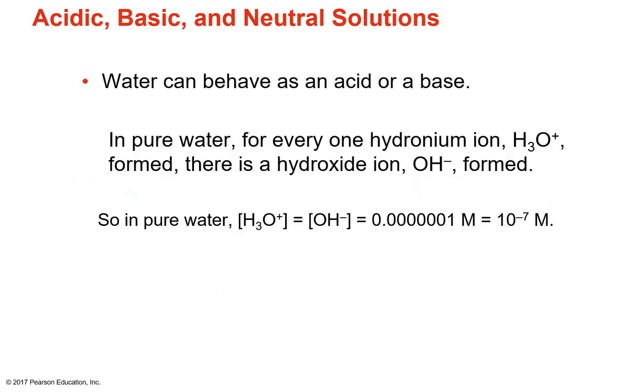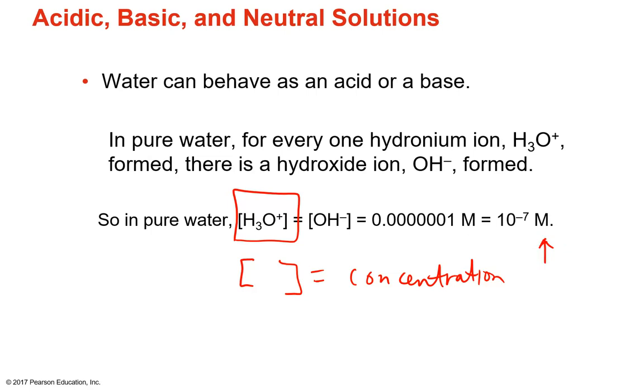And so how we measure an acid or base is by measuring the concentration of hydronium. This here means concentration. The unit of concentration is M, which we saw before. 1 M means 1 mole, in this case of H3O plus, per 1 liter of solution.